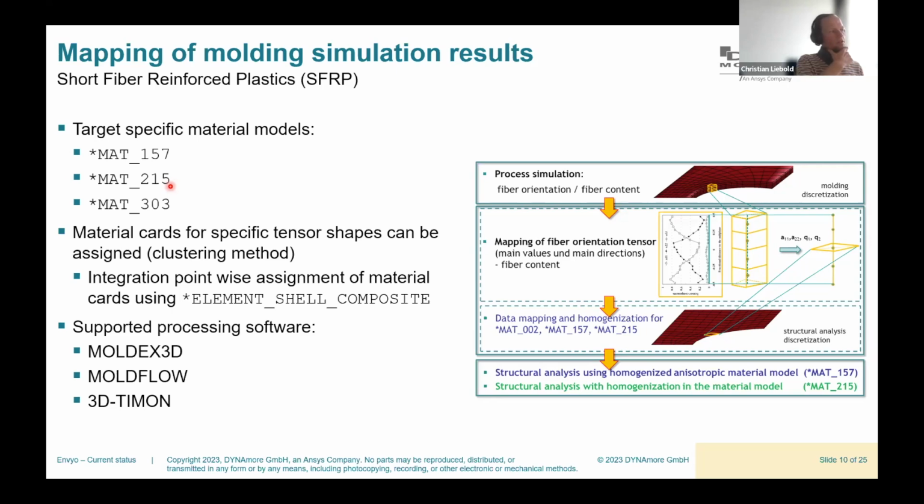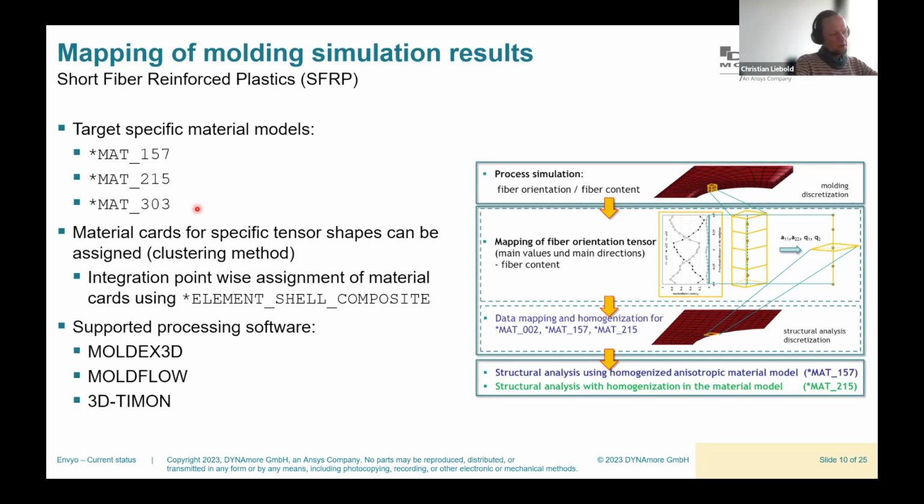And the same accounts for material 303, which is a new material model which has been implemented and is available in LS-DYNA from release R14, so from the current release onwards. It's a machine learning-based approach based on a deep material network. That's how the developers call it.